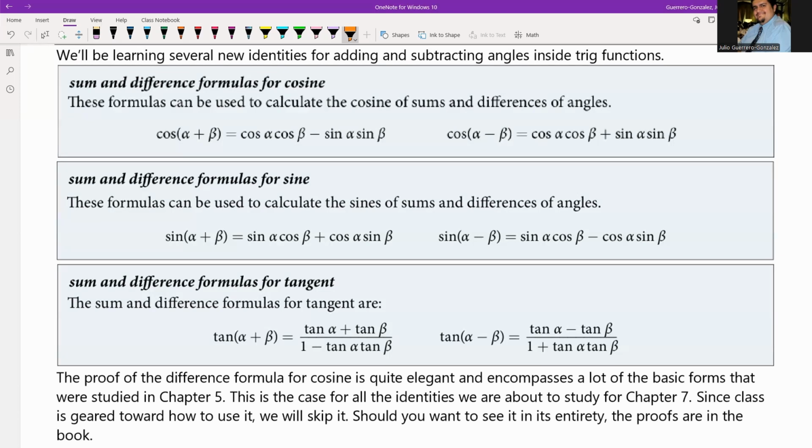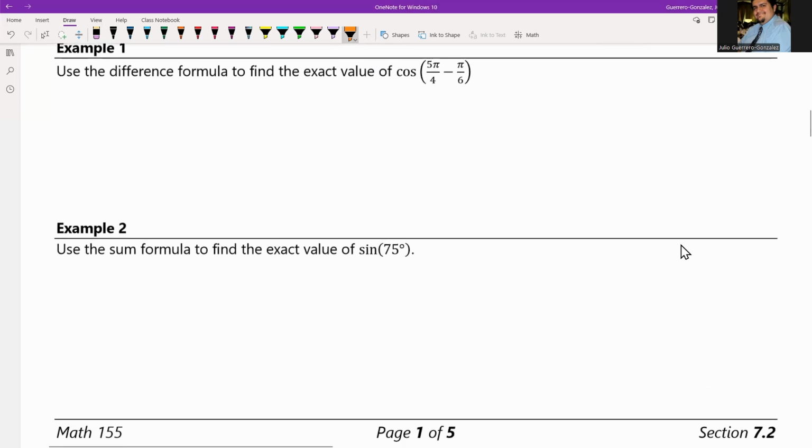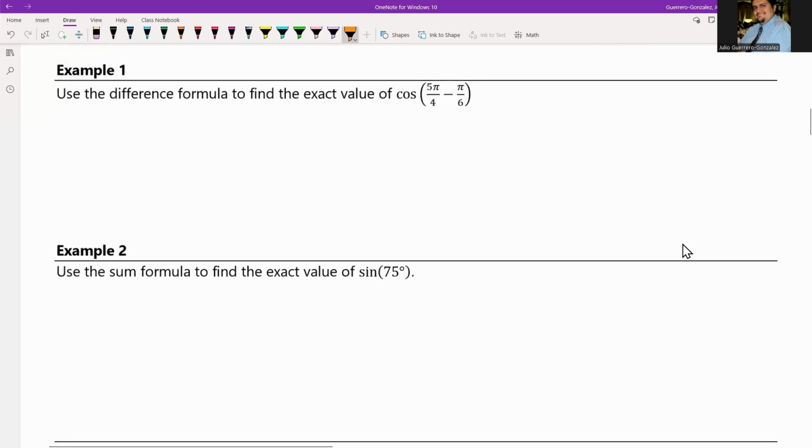So let me go ahead and do the very first example. Let's say I want to find this value right here: cosine of 5 pi over 4 minus pi over 6. What I want to do first is find out what the heck that angle is.